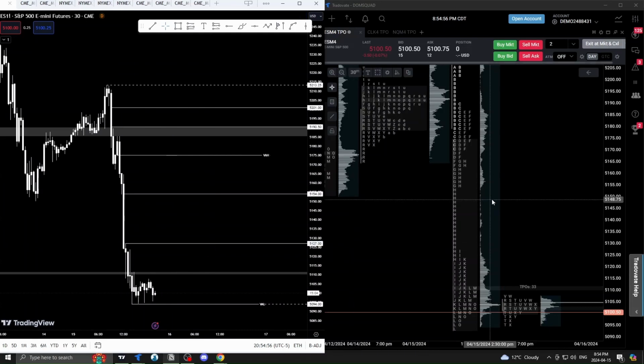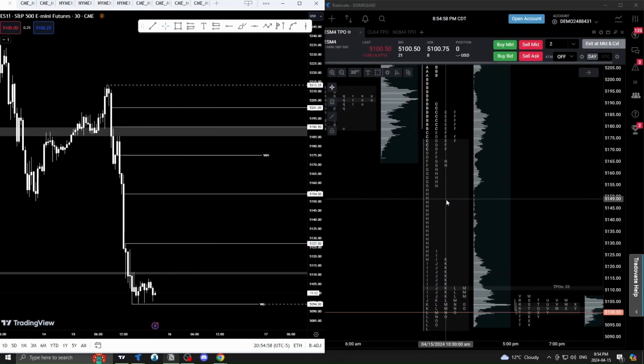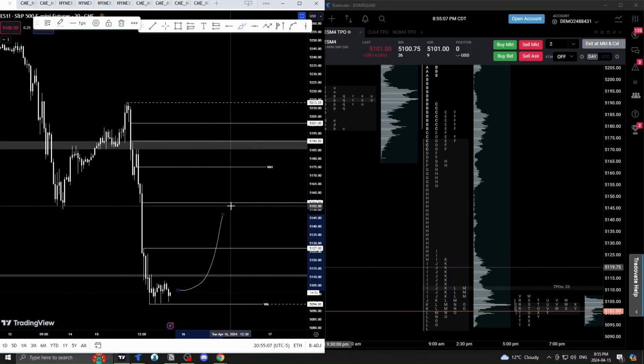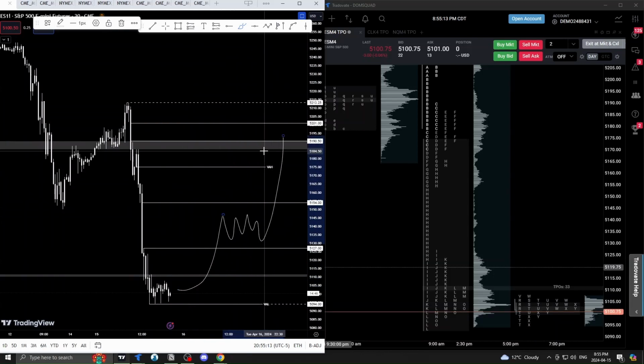Here on the TPO you can see a super low volume node. So I would not be surprised if price filled at least the majority of this, if not the whole thing, and we continued higher.